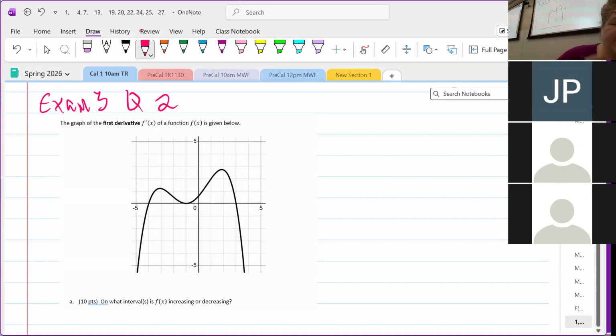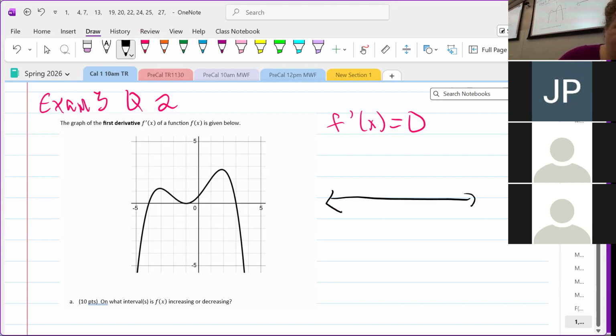So when we're doing the first derivative test, we find the first derivative and we set it equal to 0. So where is the derivative equal to 0?